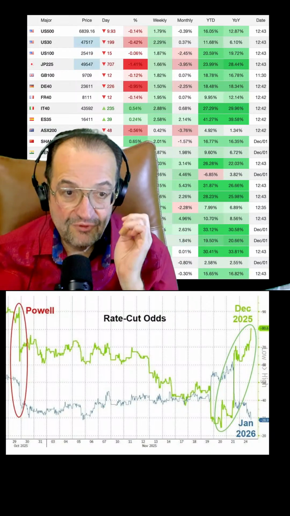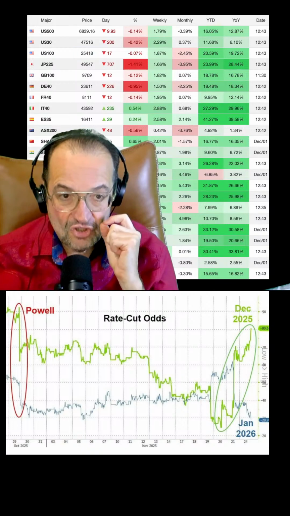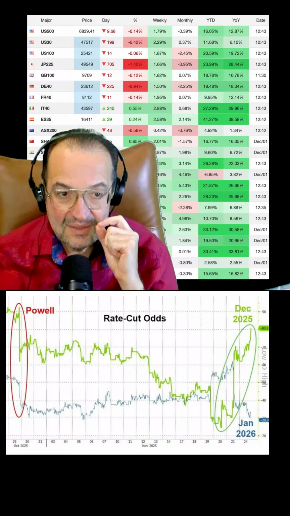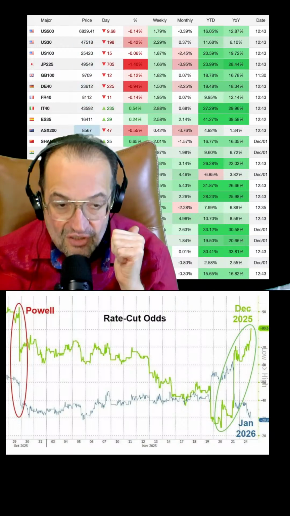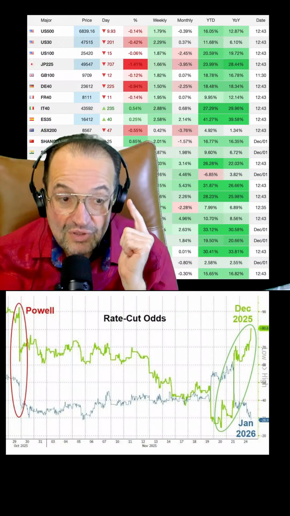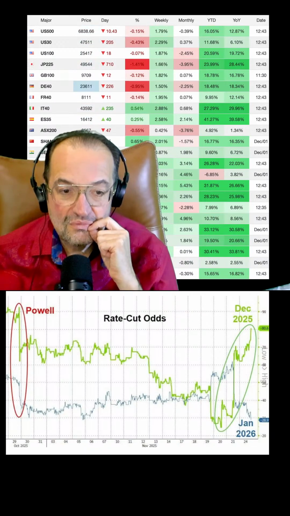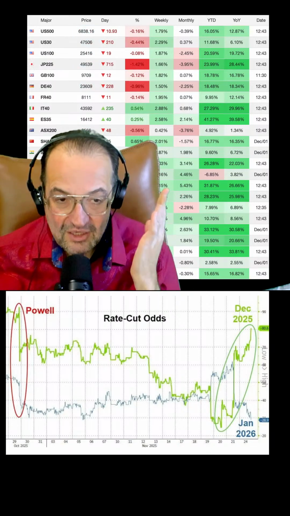Let's begin with the left side of the chart, the first circle, the red oval labeled Powell. This marked the moment Powell made remarks that the market interpreted as dovish: concern about inflation and the slowing labor market, and openness to easing. So, we have ourselves a rate cut in December.